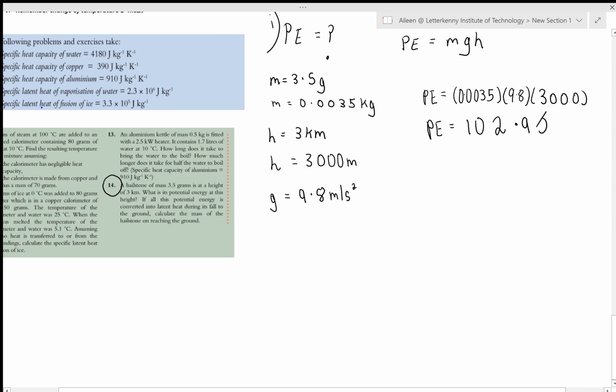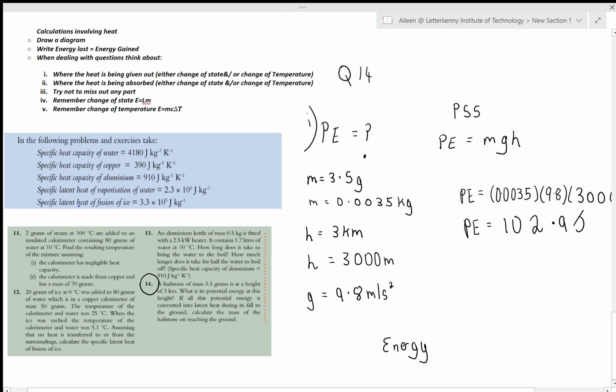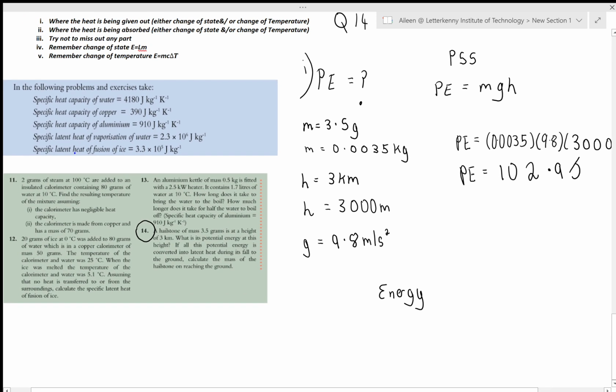It gains its energy from the potential energy, and we need to find the mass. As with all heat calculations, start off by drawing a diagram and stating the energy lost by one system is equal to the energy gained by another.